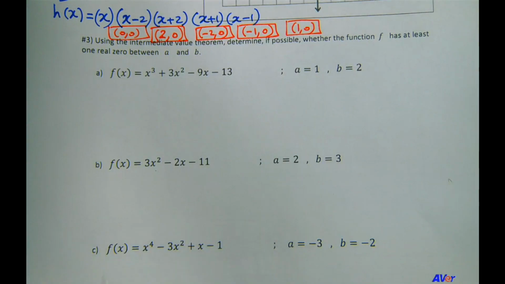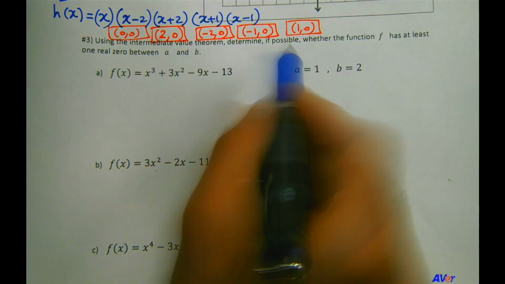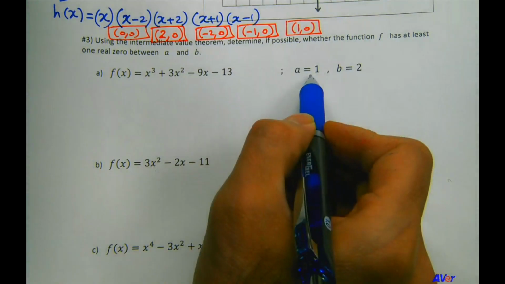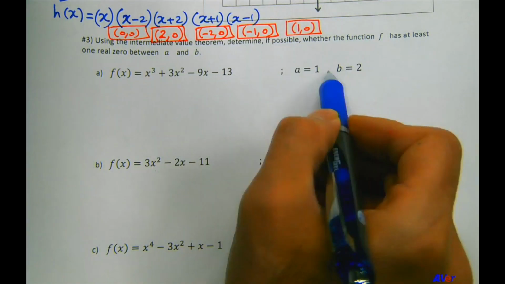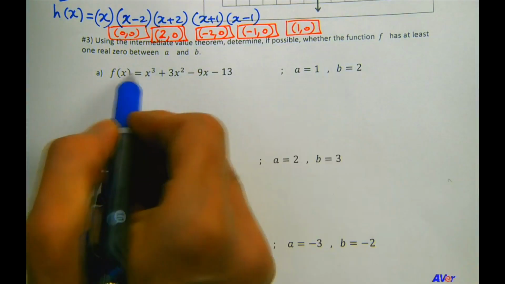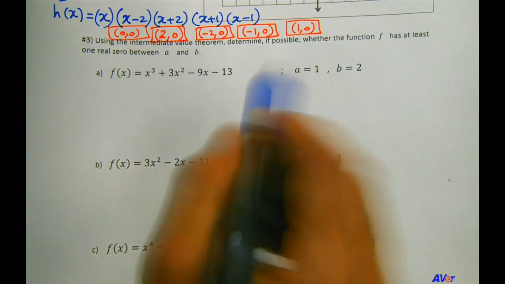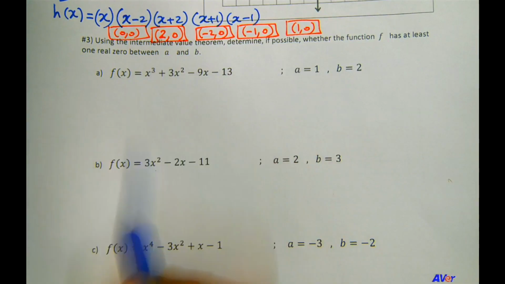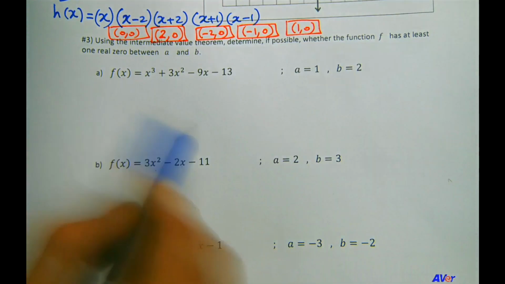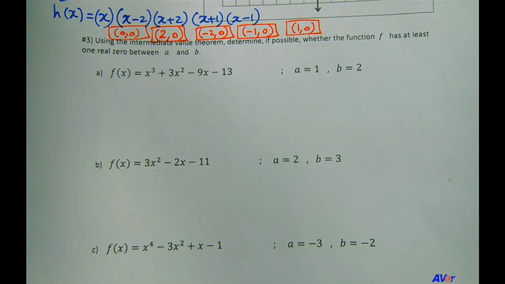The intermediate value theorem says to evaluate the function at these two endpoints, a and b, and see if the function changes algebraic sign. If it does, then we must have a real zero in between, because that's where the transition from one algebraic sign to the next happens.